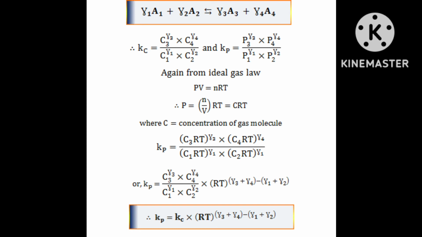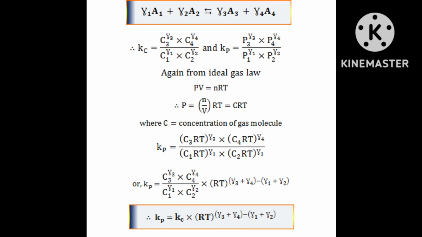And down, what will you write? In the same way, concentration of nitrogen into RT, written in one bracket, and RT in another bracket.